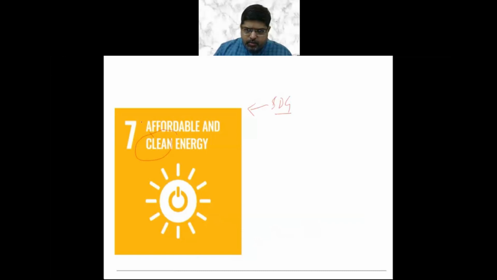Whenever we are talking about energy, it is an important aspect related to human life, and as human beings, it's our overall responsibility to take care of the planet Earth.